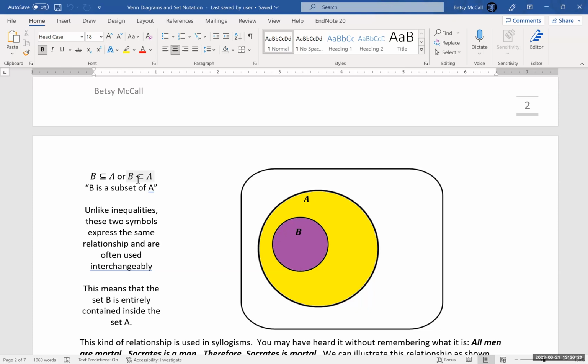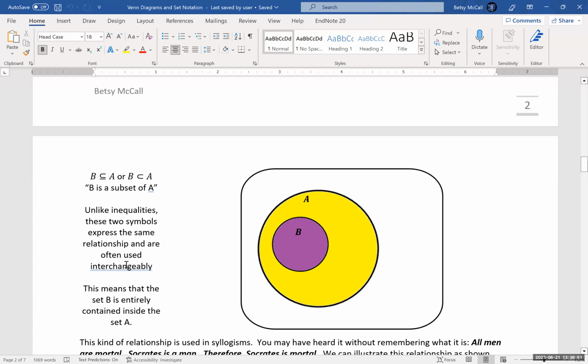But in most cases, most textbooks will use these interchangeably. It's most of the ones I've encountered. I have encountered ones that have a specific distinction, but most of the textbooks I have encountered will treat both of these as synonymous, whether the underline is specified or not. B is a subset of A could mean B has fewer elements than A, or it could mean that B and A have identical elements.